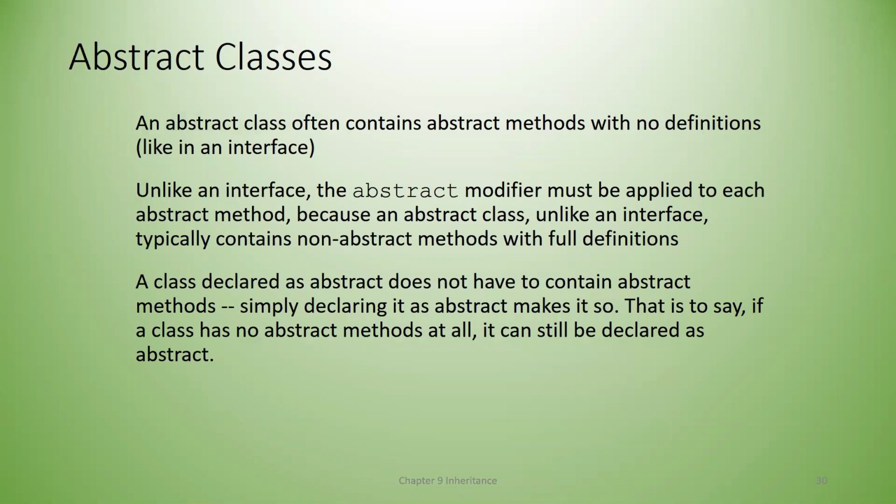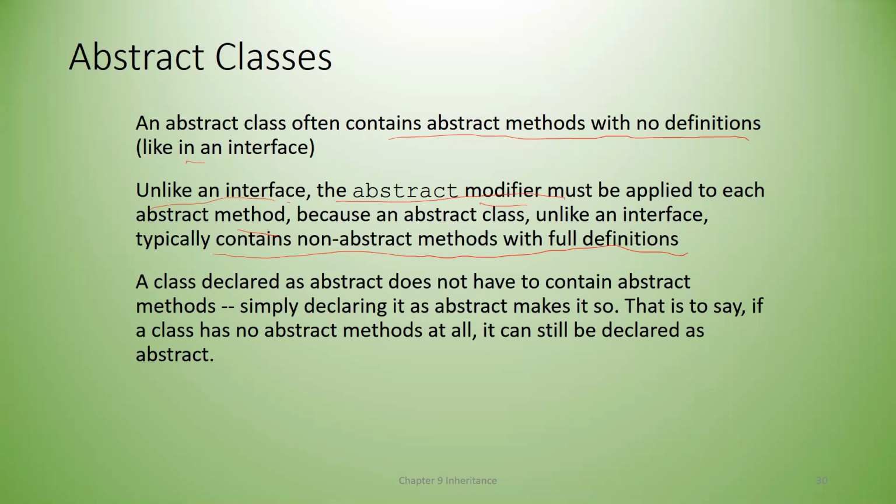An abstract class often contains abstract definitions, like an interface. Unlike an interface, an abstract modifier must be applied to each abstract method, because an abstract class, unlike an interface, typically contains non-abstract methods with full definitions.